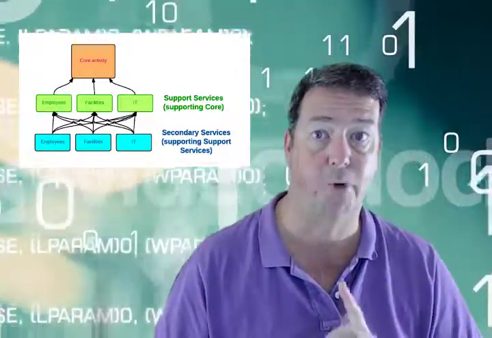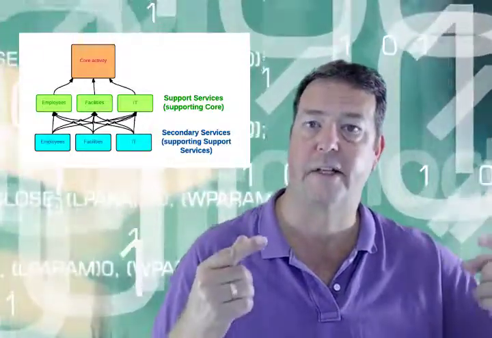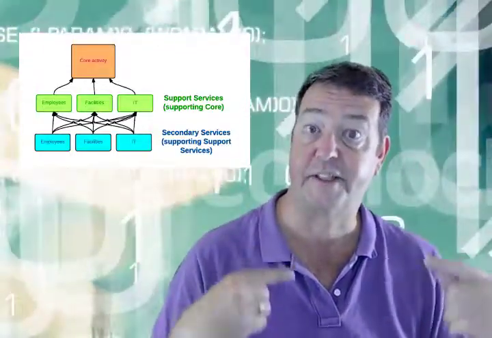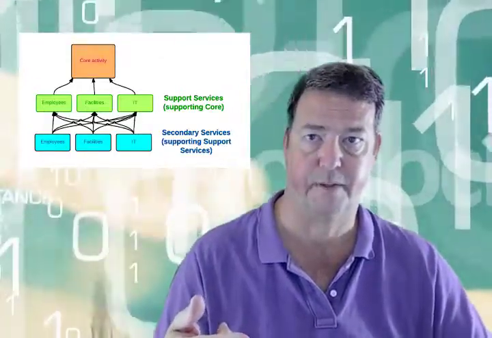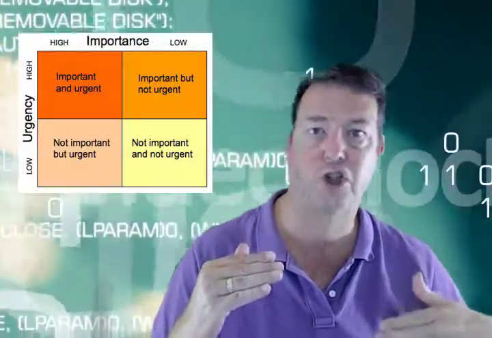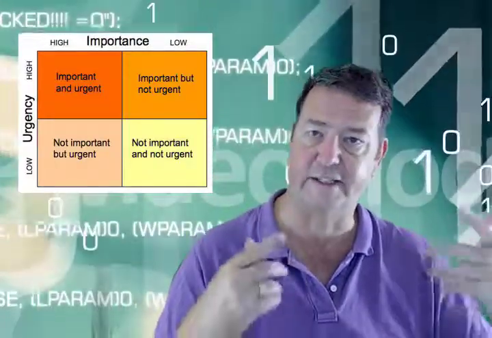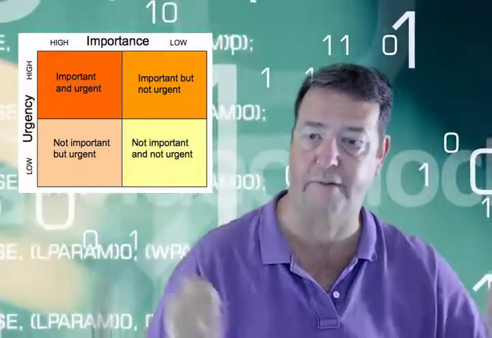But, and this is what most people don't realize, there's a third activity. That's the support services that support the other support services. And people forget that that is a tertiary activity. It's not nearly as important as the support of the core activity.